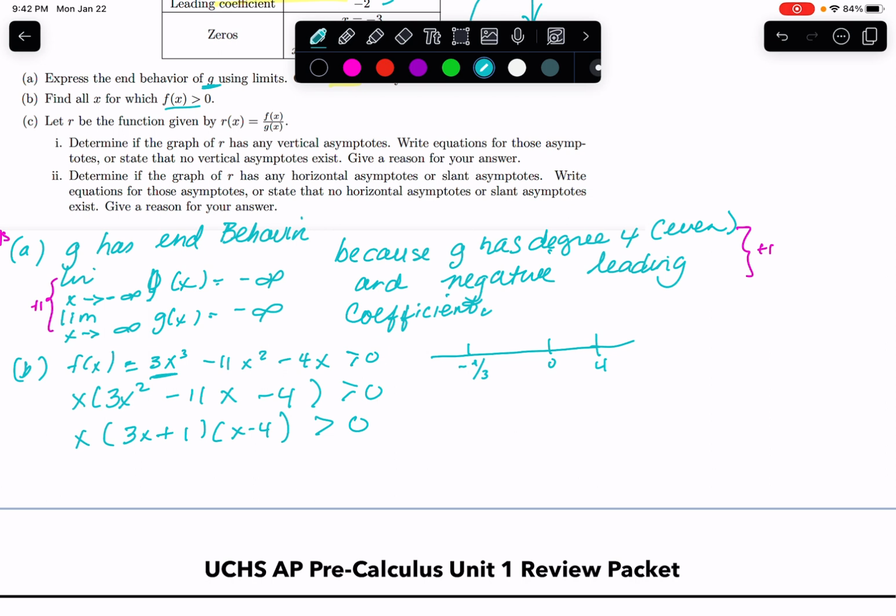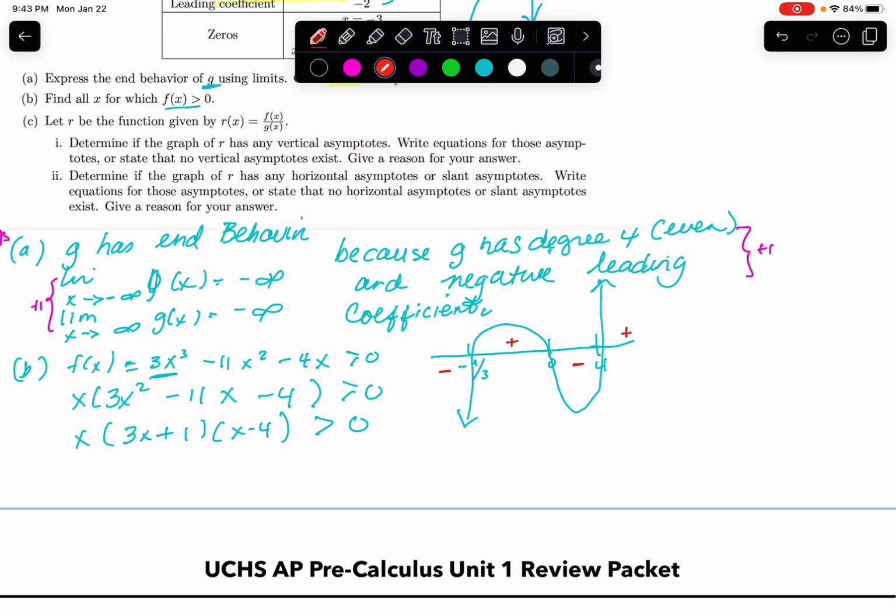So it has to come through 4, through 0, and through negative 1/3. So now we have our end behavior to help us decide when it's greater than 0. So this would be negative down here, and then positive, and then negative, and then positive.